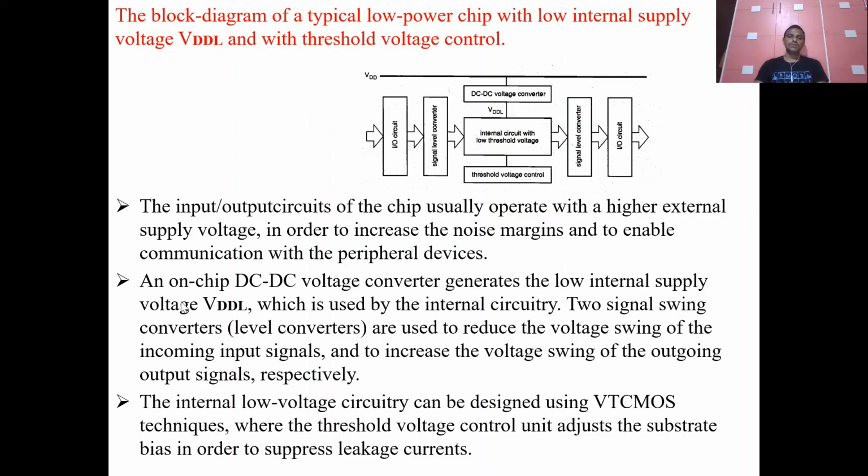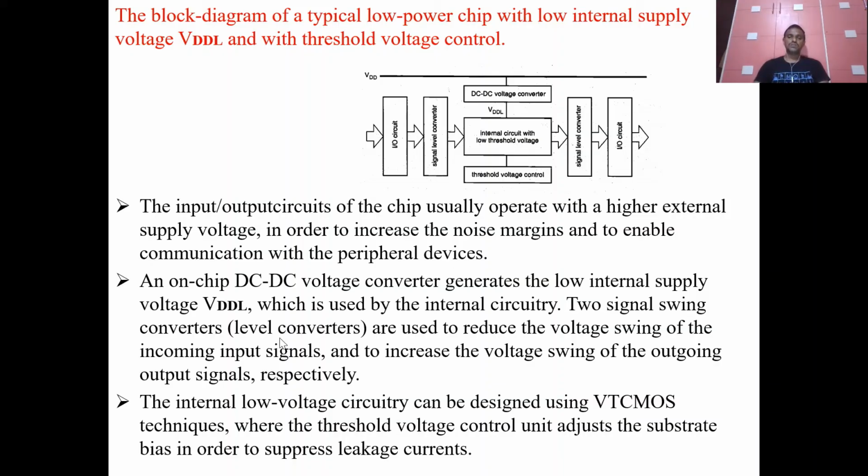Next, an on-chip DC to DC voltage converter generates the low internal supply voltage, that is VDDL. As I told, it converts the higher DC voltage to the lower DC voltage, VDDL, which is used by the internal circuitry. So the internal circuitry uses a lower VDD value, and due to that, the power consumption will be reduced.